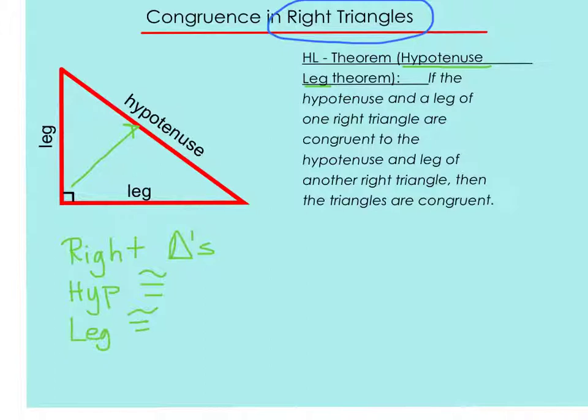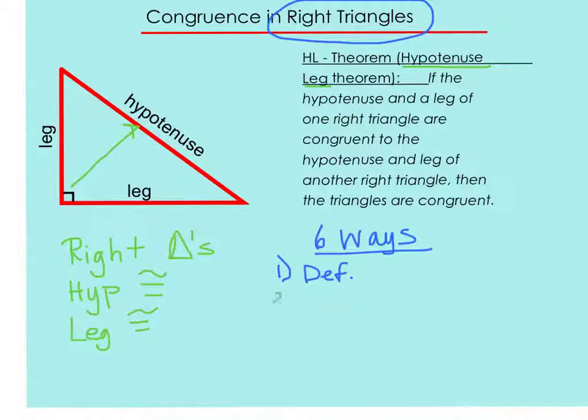So if you're keeping count, we now have 6 ways to prove triangles congruent. The first one is the definition of congruent figures. That requires that we show all legs and all angles congruent before we can declare the triangles congruent. It would be tedious and long to use the definition.